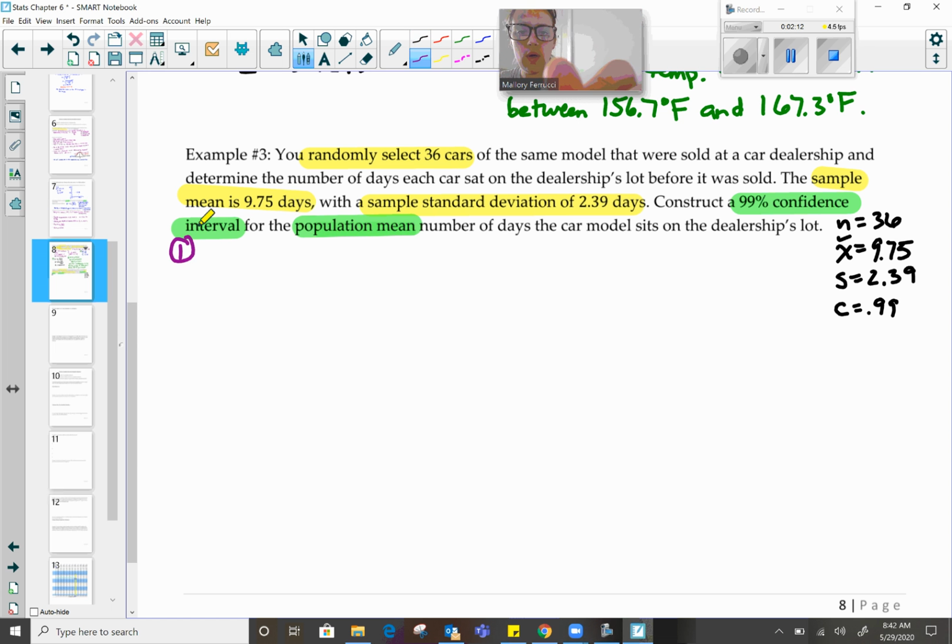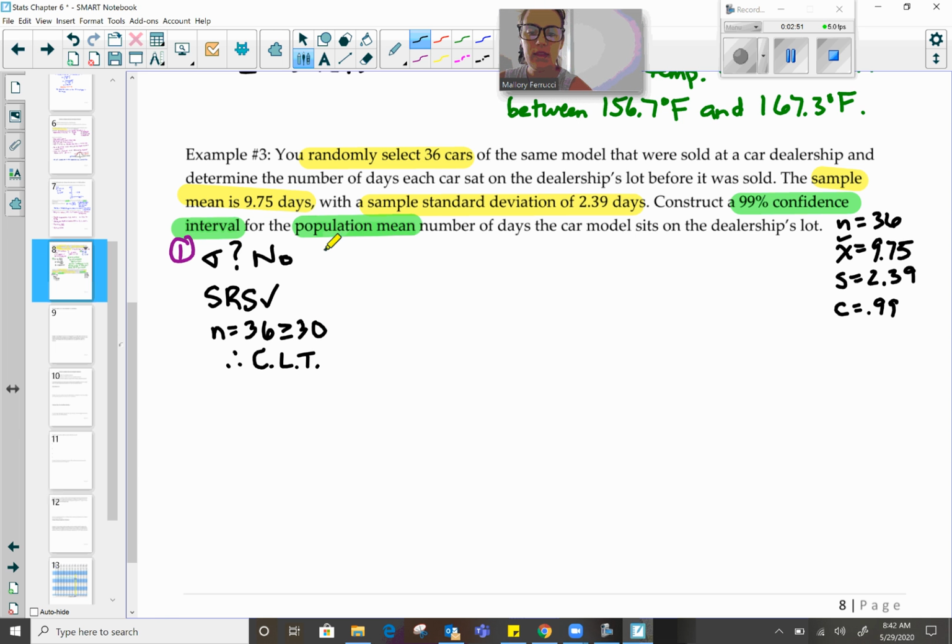So step 1. Do we have sigma? No, so that's unknown. Randomly, so we have a simple random sample. And then n equals 36, which is bigger than or equal to 30, so the central limit theorem applies, so we're good there.